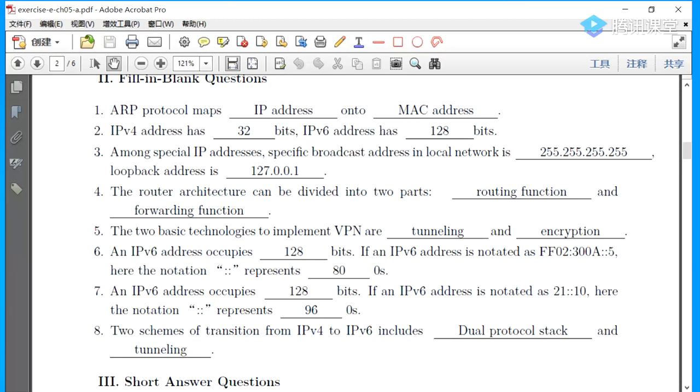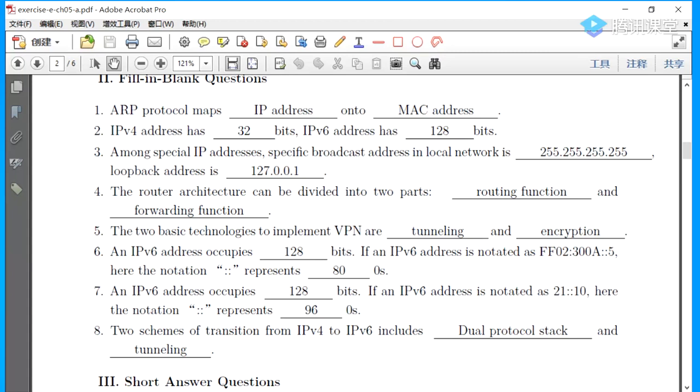An IPv6 address has 128 bits. Among special IP addresses, the limited broadcast address in the local network is 255.255.255.255. The loopback address is 127.0.0.1.